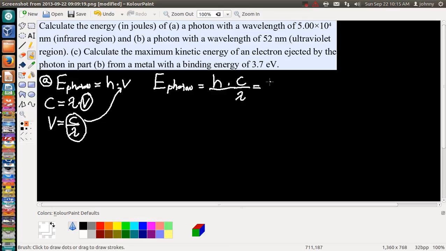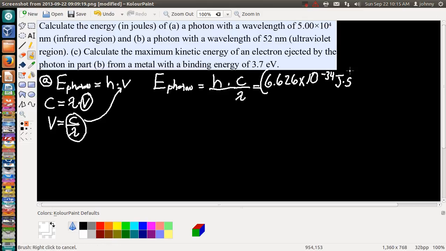Planck's constant is 6.626 times 10 to the negative 34 joules times a second. So we'll write that here, joules times a second. And that's our first number.